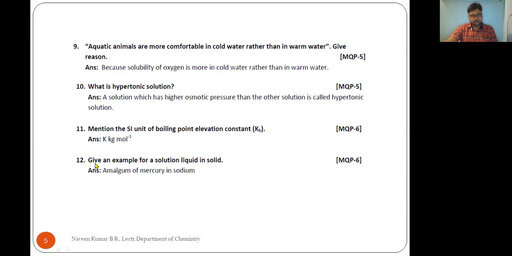Next, give an example for a solution of liquid in solid. As we discussed earlier, binary solutions based on their physical state are classified into 9 different types: solid solutions, liquid solutions, gas solutions. In all 3 main types, the respective solvent will be the same, but the solute may be solid, liquid or gas.